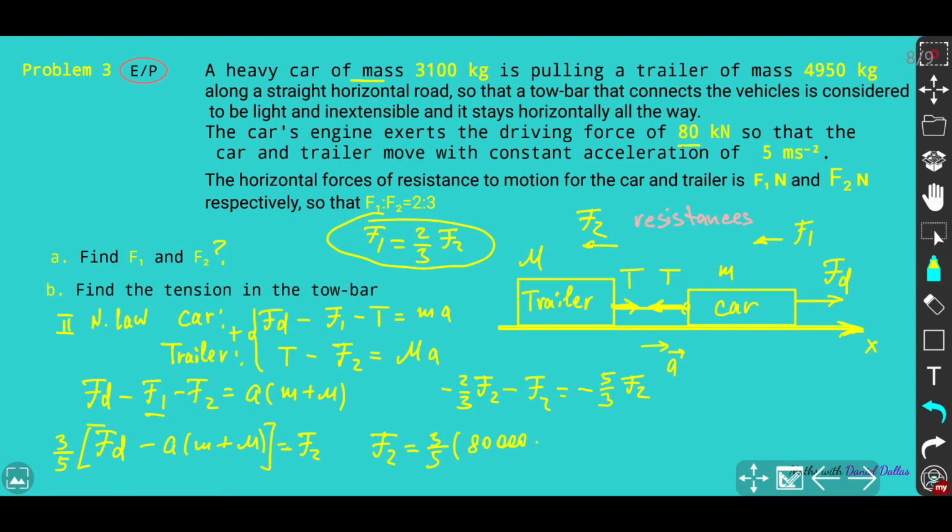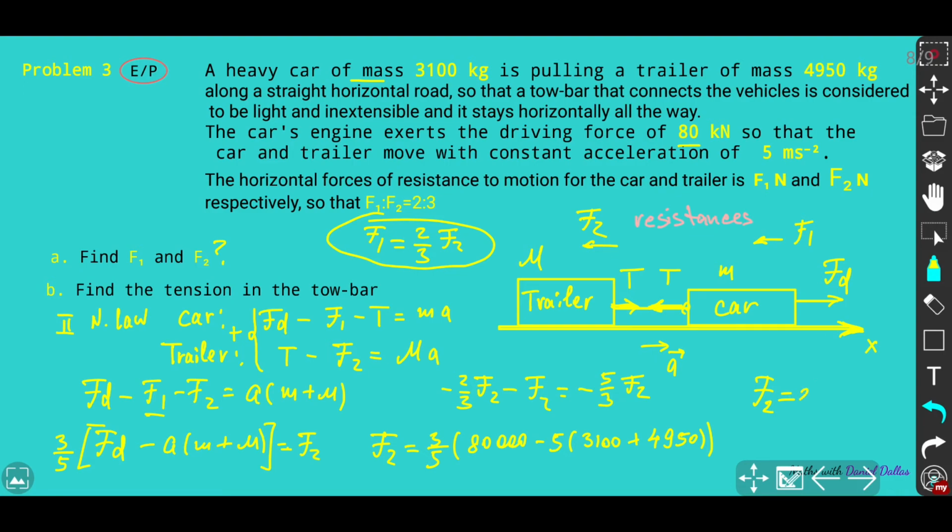So I'll write 300 plus 4950. That's going to be the final expression in terms of values, and once we do, we'll calculate that. I hope my calculator calculates correctly. So, 23,850 newtons.